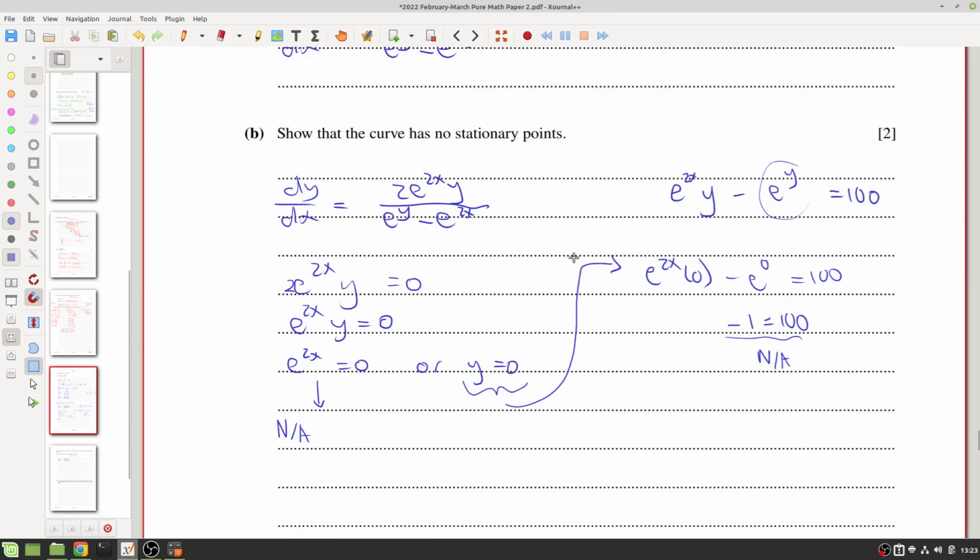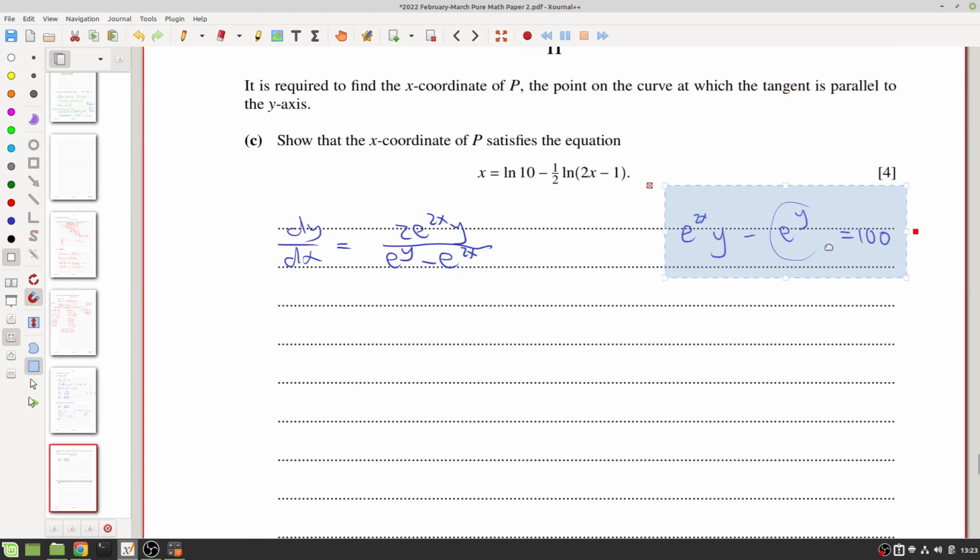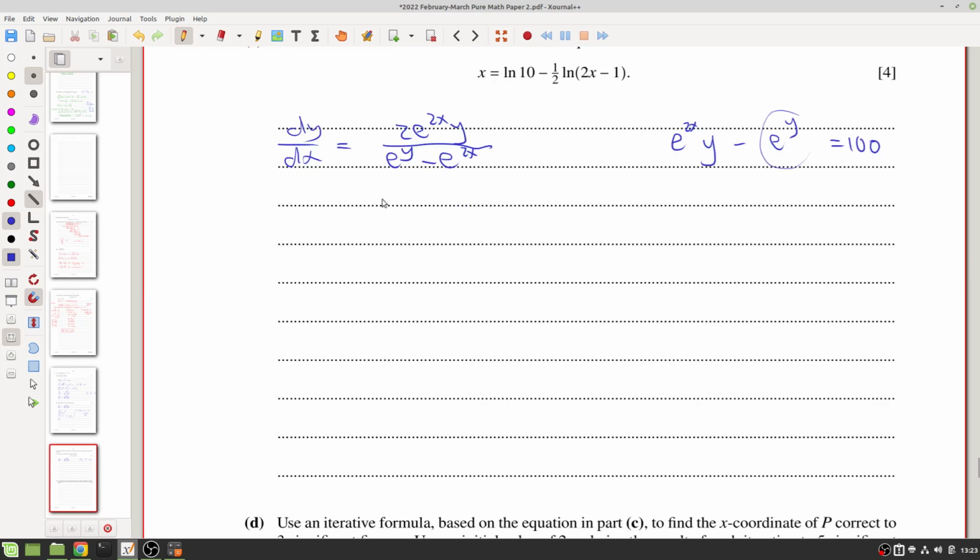But before we get there, let me again fetch our original equation, original curve. Okay, so vertical line, undefined gradient. That means this bottom part must be 0 for it to be undefined.